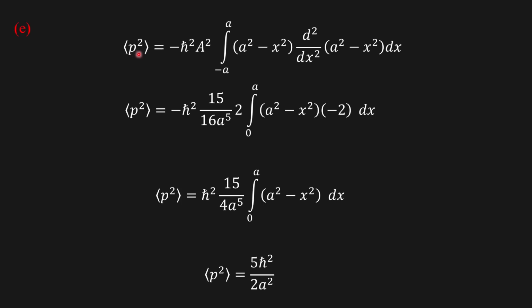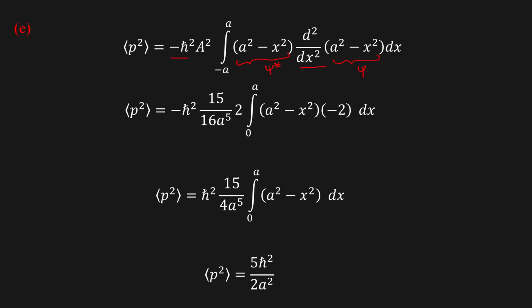So now section E is find the expectation value of p squared, which is equal to the integral of psi star times the momentum squared operator, minus h cross squared d2 over dx2, acting on psi.